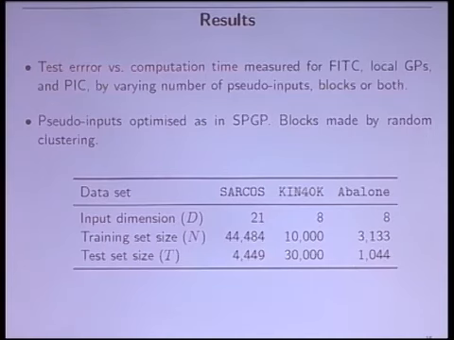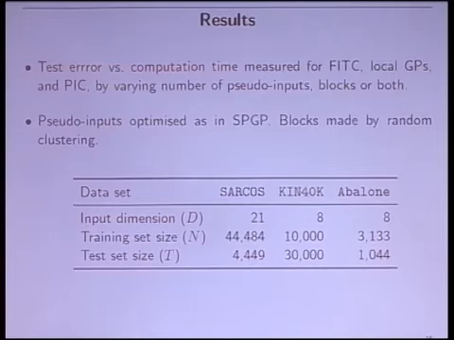So we did a bunch of experiments on some really standard regression data sets that have been well tried and tested, at least for Gaussian process modeling, measuring test error versus computation time. For the FITC approximation I talked about, a purely local GP type local regression approach, and the combined approximation that I just mentioned.